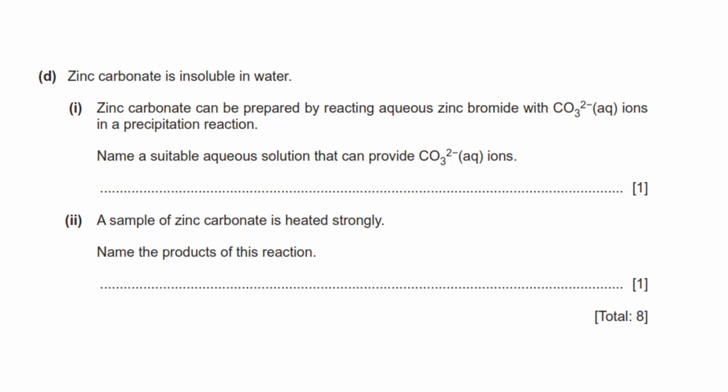So name a soluble aqueous solution that can provide carbonate ions. So remember, any carbonate salt that is soluble in water, if we dissolve that in water, will give us carbonate ions. So the soluble carbonates are sodium carbonate, potassium carbonate, and ammonium carbonate. So you can write either of them.